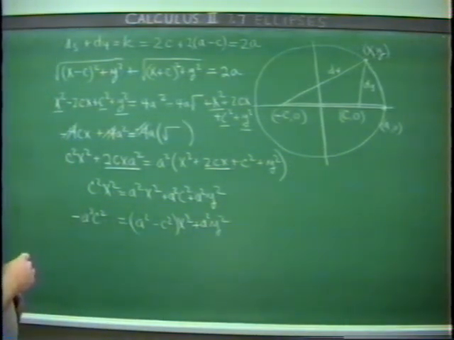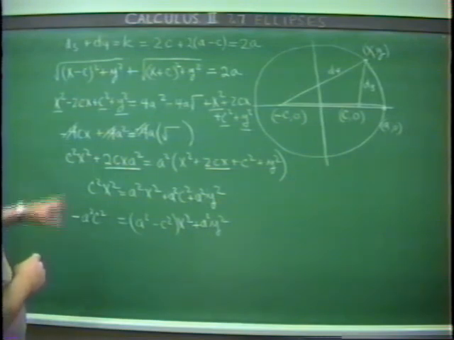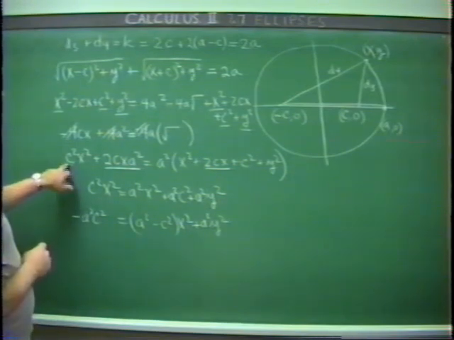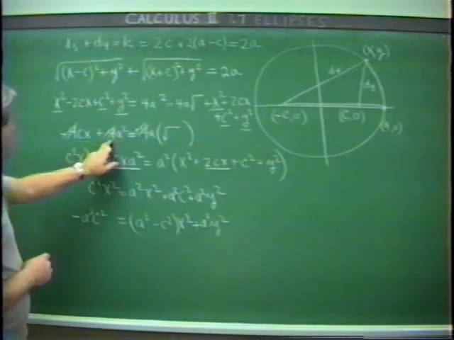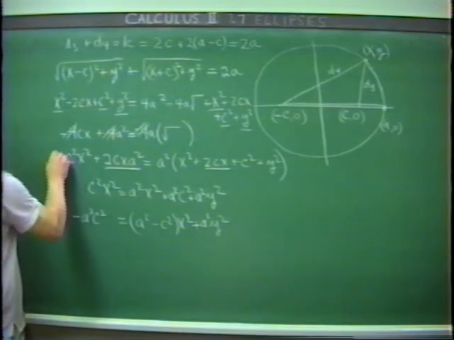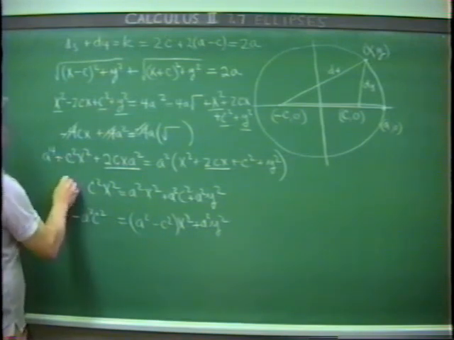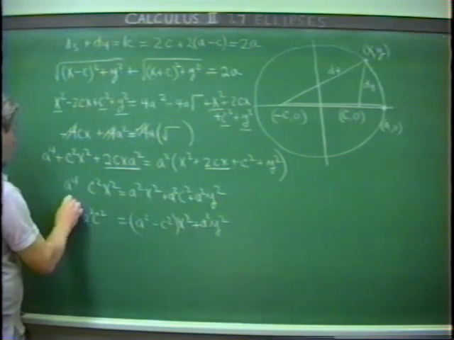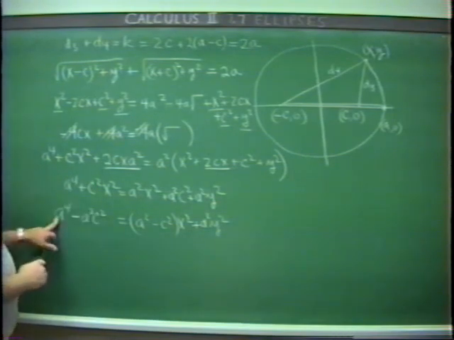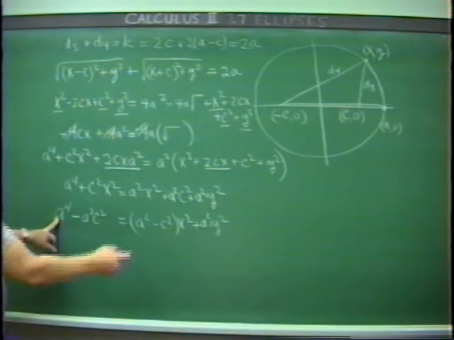Okay, now I want to divide. Oh, there's another term missing here too, right? I'm squaring this right here, so I've got c squared x squared plus 2cx squared plus a to the fourth. So I've got a to the fourth here, and so I end up with a to the fourth over here.